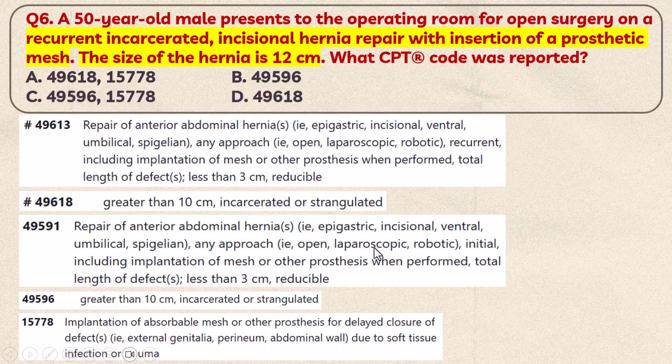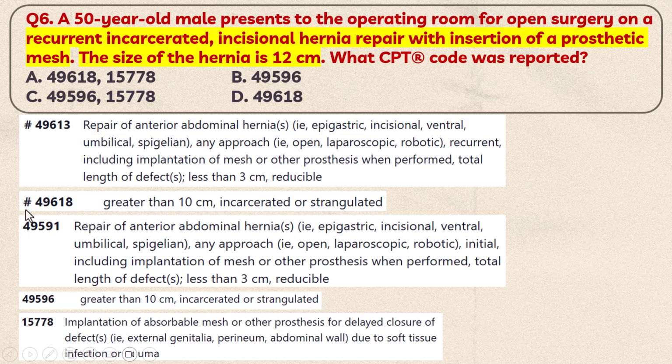So directly go to the codes. 49,630 is repair of anterior abdominal hernia, epigastric, incisional, ventral, umbilical, any approach, recurrent, including implant of mesh or other prosthesis when performed. Total length defect is less than 3 cm, reducible. In our case, it is 12 cm incarcerated.